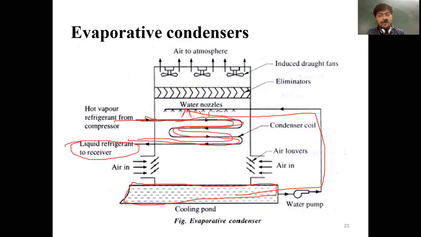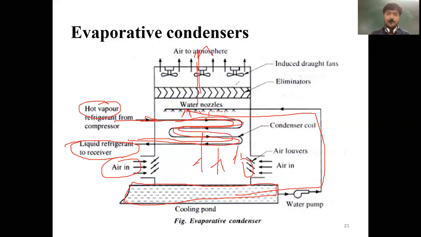The water spray takes heat from the hot vapor and the water is converted into vapor and flows away to the upper side with the help of air from the air louvers. The air passes upward due to density difference and goes out to the atmosphere.